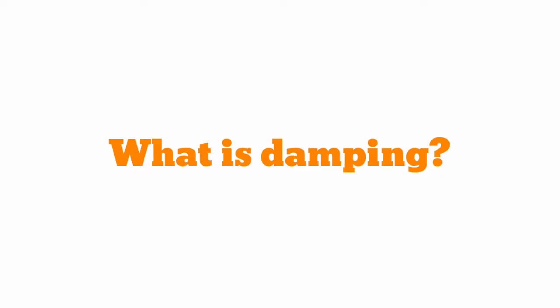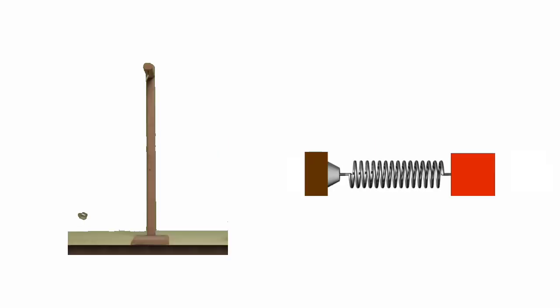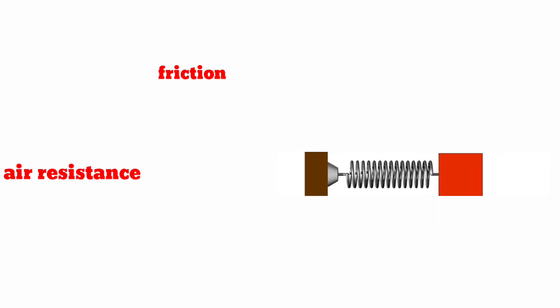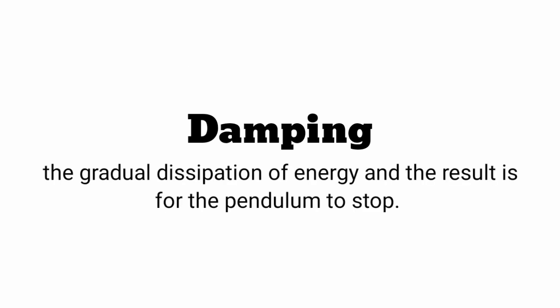But what is damping? Damping is an influence within or upon an oscillatory system that has the effect of reducing or preventing its oscillation. In simple terms, damping is the gradual dissipation of energy, and the result is for the pendulum to stop. The energy does not just magically disappear.